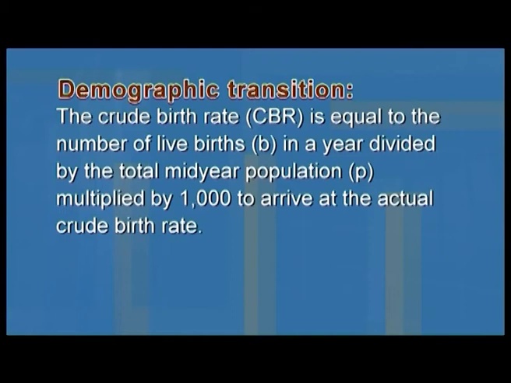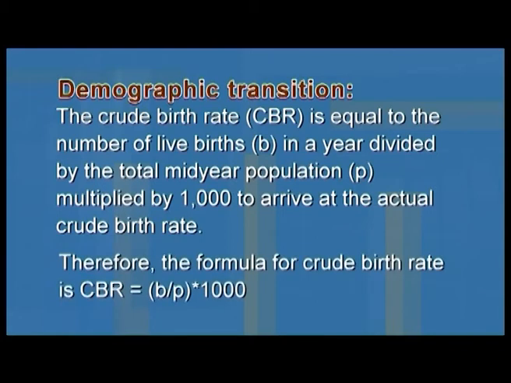The crude birth rate is equal to the number of live births, B, in a year divided by the total mid-year population, P. This number is then usually multiplied by 1000 to arrive at the actual crude birth rate. Therefore, the formula for crude birth rate is CBR = B / P × 1000.